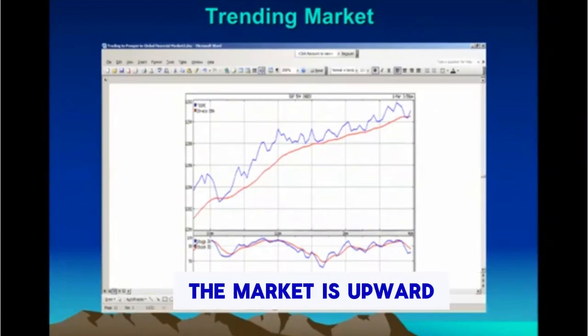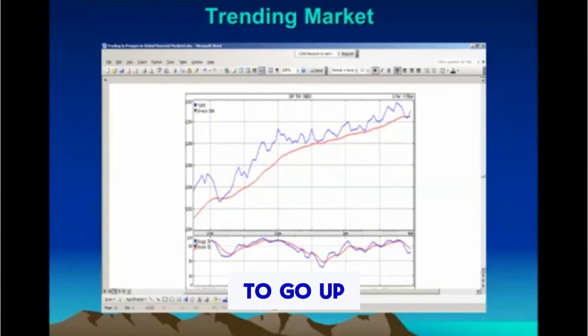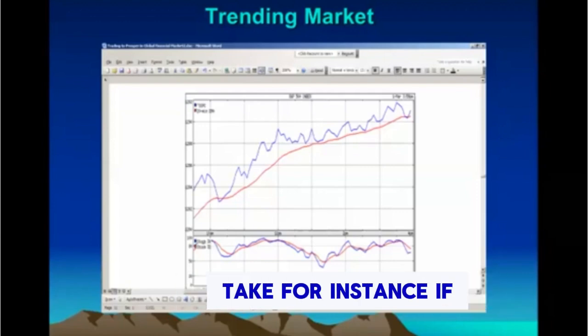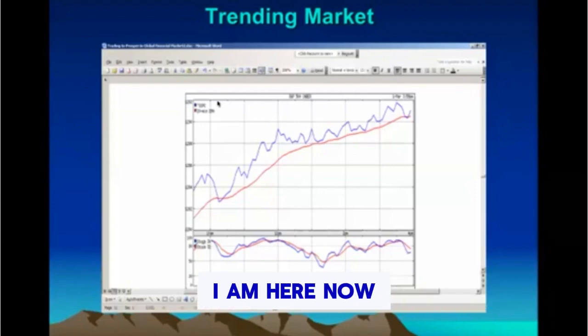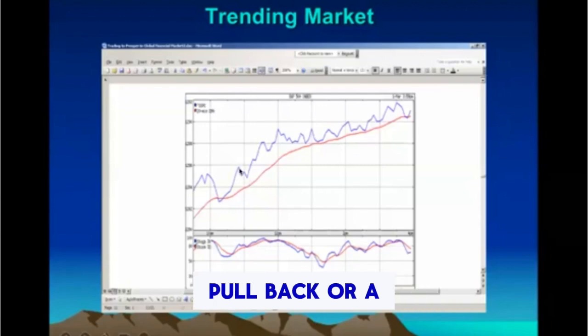If the flow of the market is upward, you want to buy at a lower price and wait for price to go up, and then you sell. You look for the low price again. Take for instance, if I am here now, I want to buy here and sell here. I will wait for the market to do what we call a pullback or a retracement.